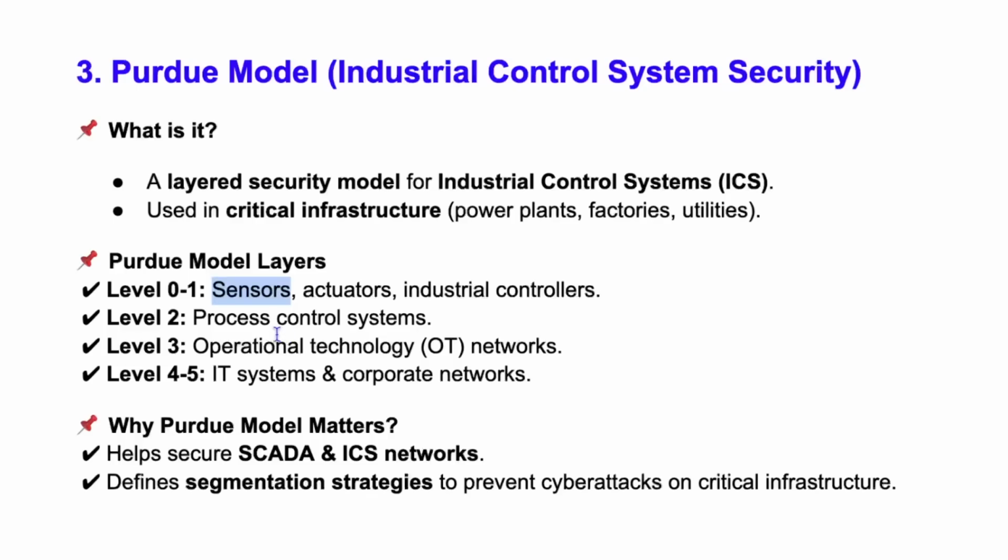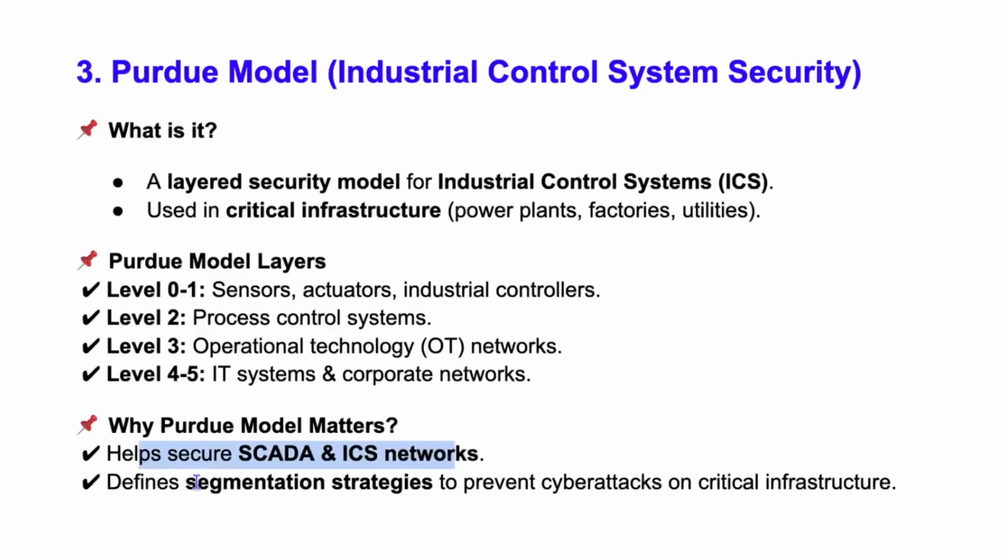So the further up you go in these levels, you become broader and broader, and you go more into the actual controlling of the process, for example, or the operational technology network, right? The network of the technology, instead of just one system or one little sensor. The reason this matters is because it goes through supervisory access and data and the ICS networks.